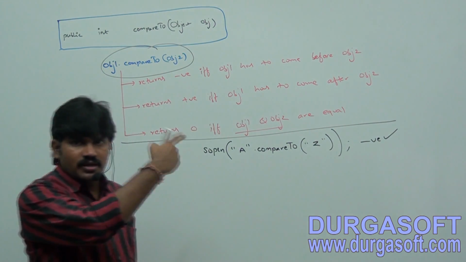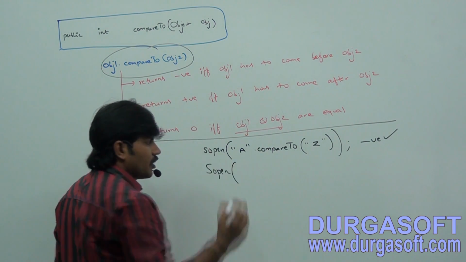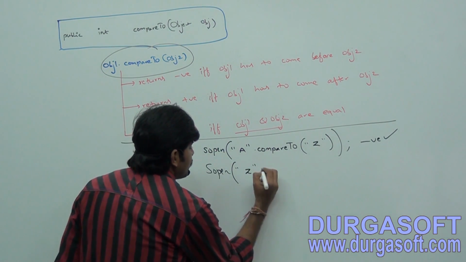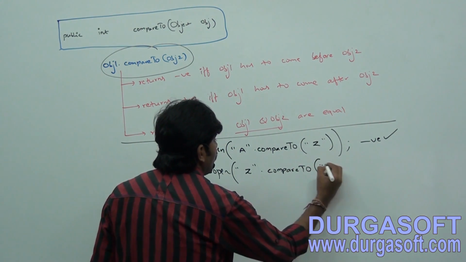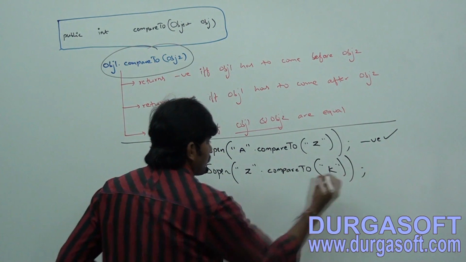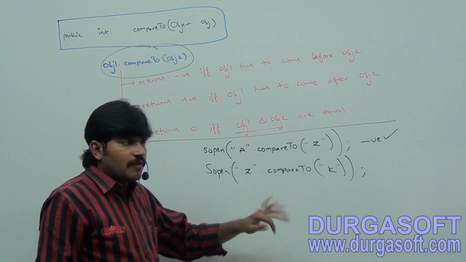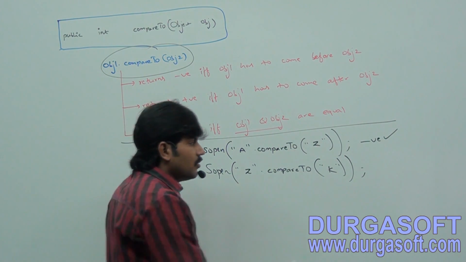So the answer we will get is negative. I will execute and show it. System.out.println, SOP of Z dot CompareTo of K. Should Z come after K or before K? After K. After K means positive.